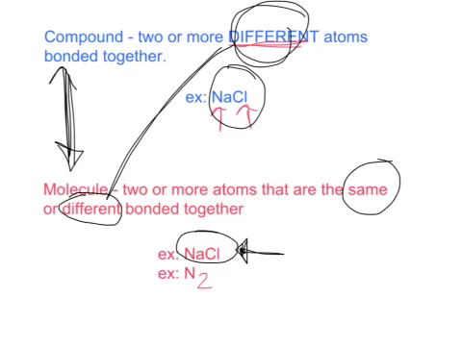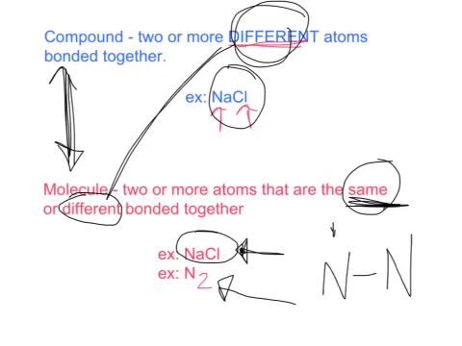How is a molecule different than a compound? Because a molecule can also have atoms that are the same being bonded together. So here's an example of nitrogen being bonded to nitrogen. The same. Nitrogen is the same as nitrogen. So therefore, it's a molecule. It can't be a compound because a compound's definition doesn't have the word same written in it.